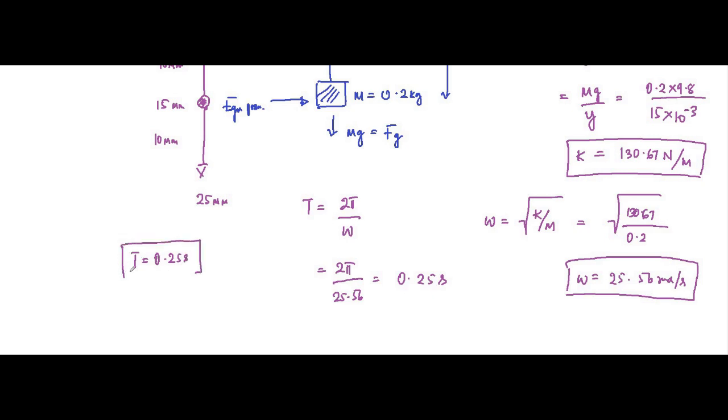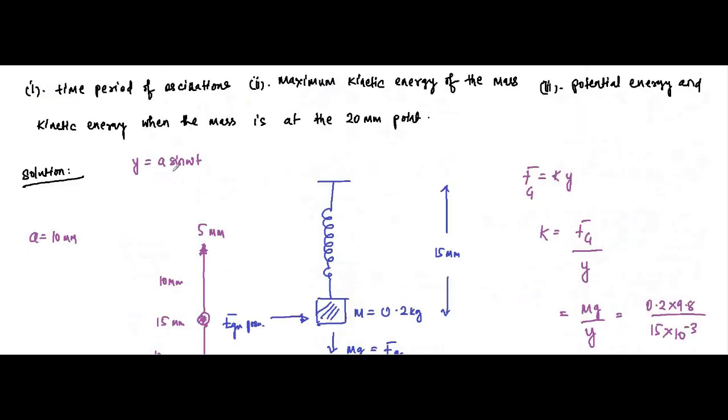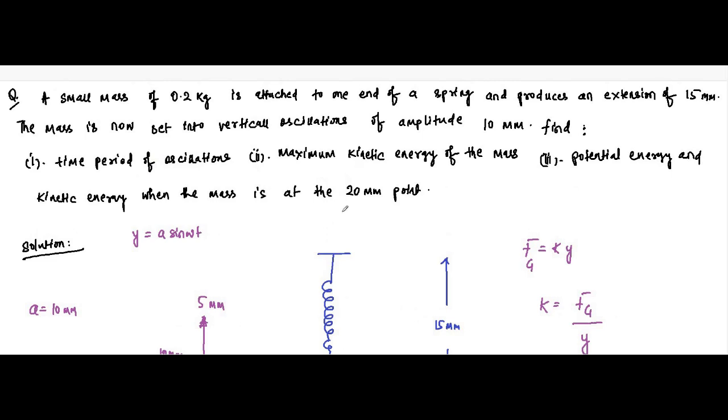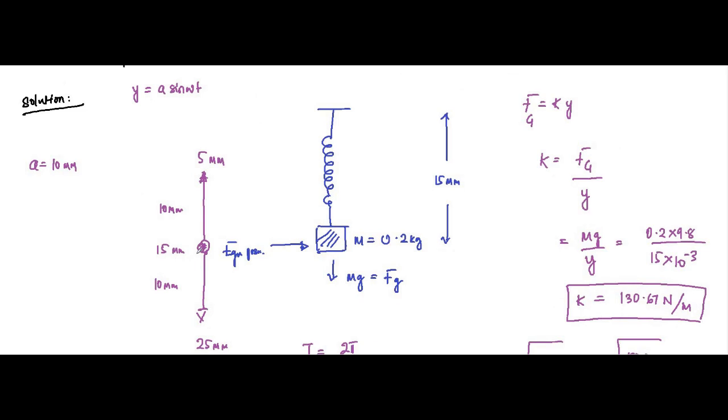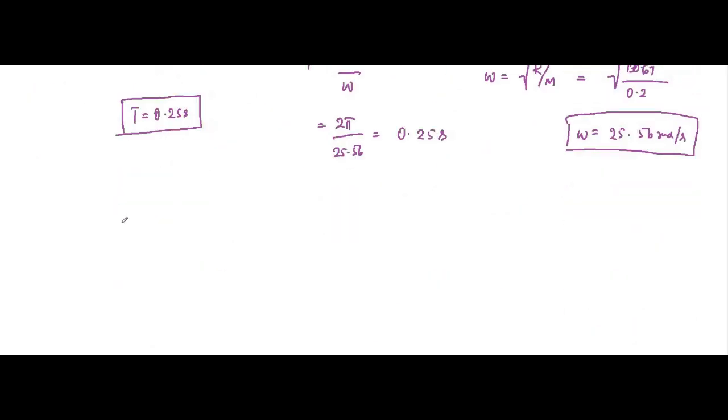Next, it has been asked to find the maximum kinetic energy of the spring mass system. Here kinetic energy equals 1/2 m v square. It will be maximum when the velocity is maximum.